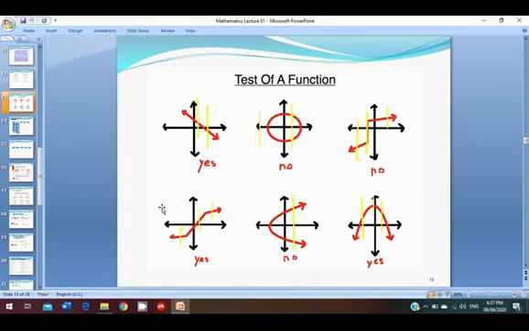Now, the vertical line test of a function. This is another way to test whether the graph of a relation is a function or not.